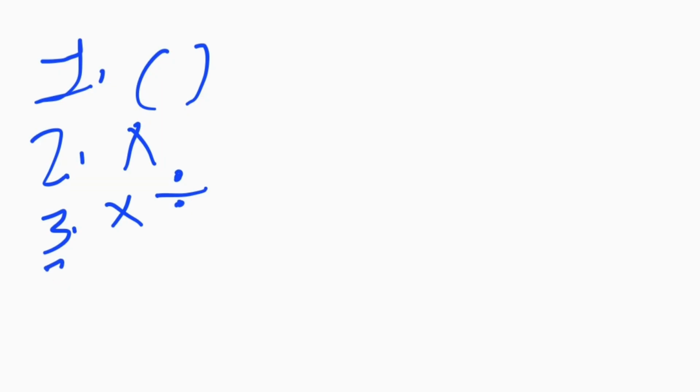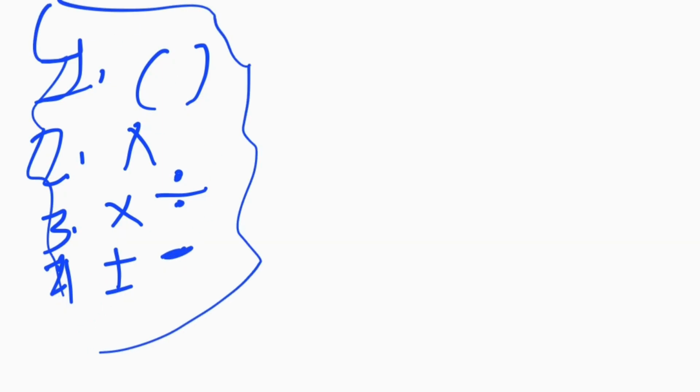At last, we solve addition and subtraction. So this is what the rule says. If we have all four in an equation, first we solve the parentheses, then the powers, then multiplication and division, then addition and subtraction.